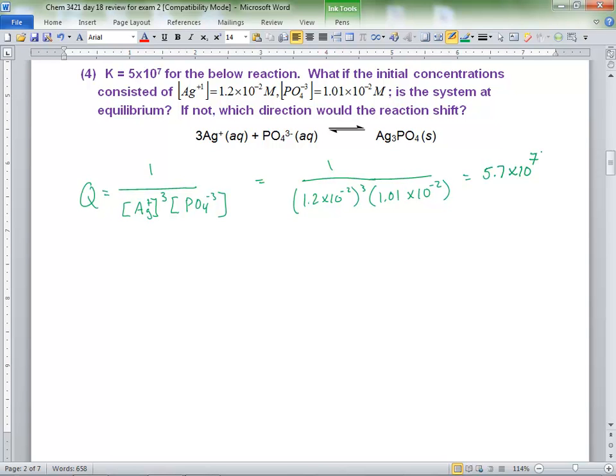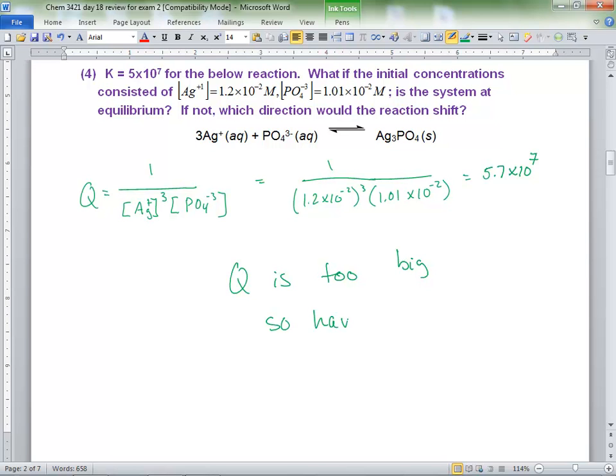Good, thanks. So compare it to the actual equilibrium constant. It's not equal, so you're not at equilibrium. Q is too big or small? It's too big.